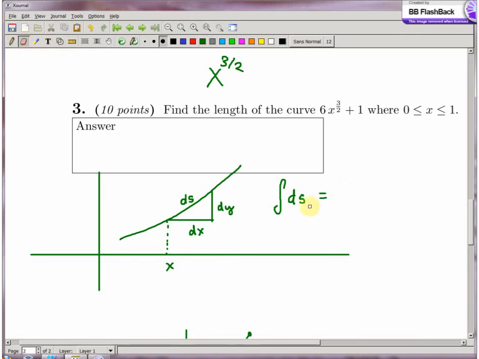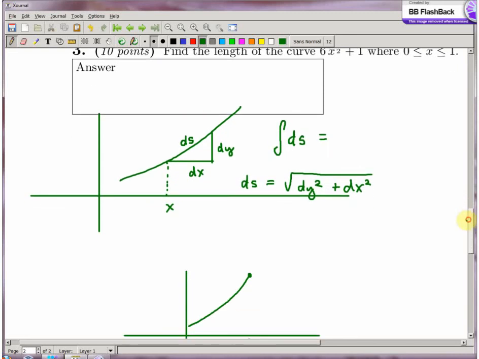To put it in terms of x, you can figure out ds in this triangle using the Pythagorean theorem. So ds is the square root of dy squared plus dx squared.